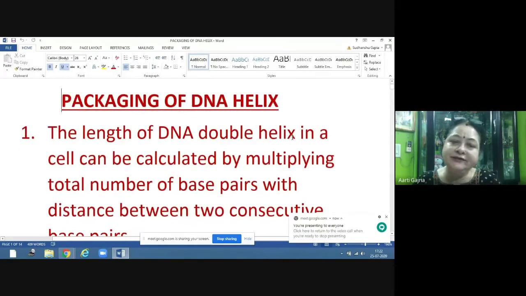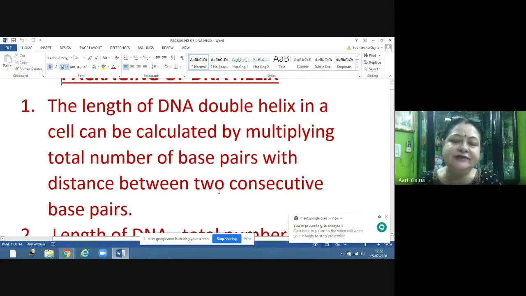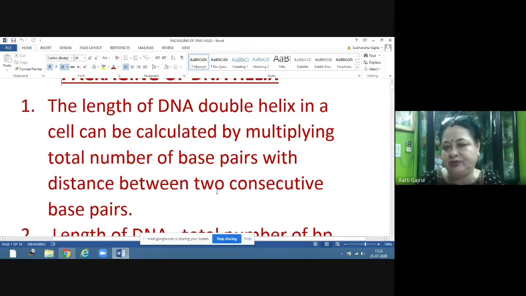Now, why is packaging of DNA a concern? The length of the DNA double helix in a cell can be calculated by multiplying the total number of base pairs with the distance between two consecutive base pairs.